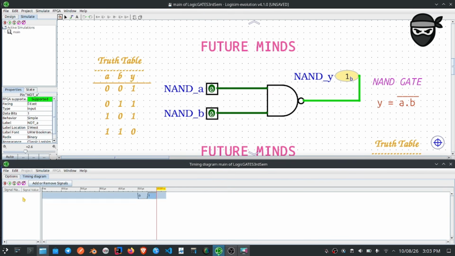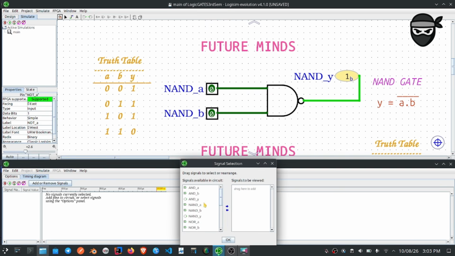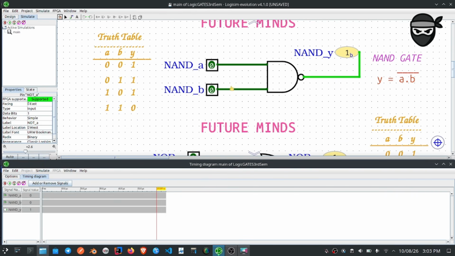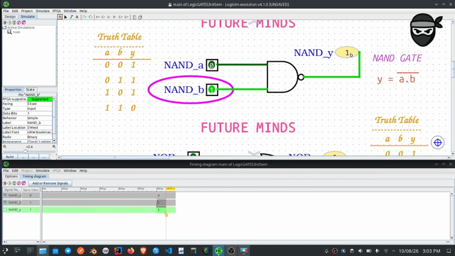Let's see the timing diagram to verify it. Taking A as 0 and B as 1, you can see our output is 1. Also, the timing diagram verifies it.